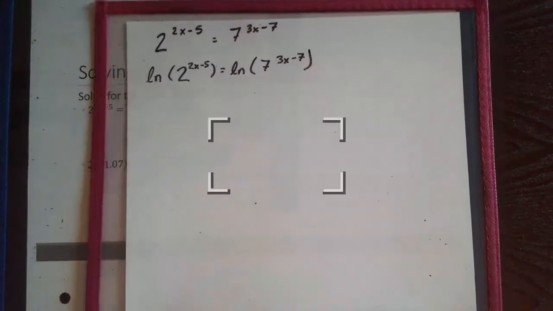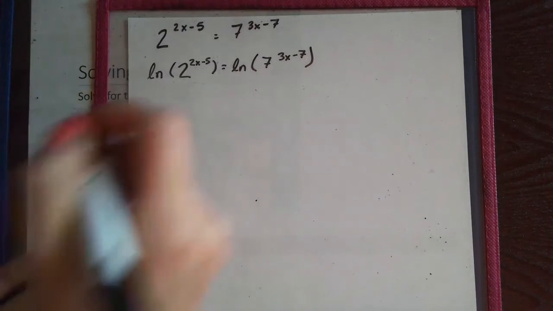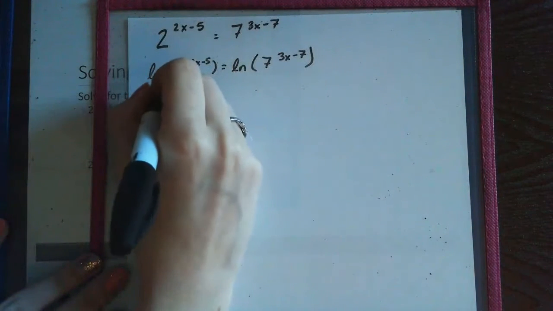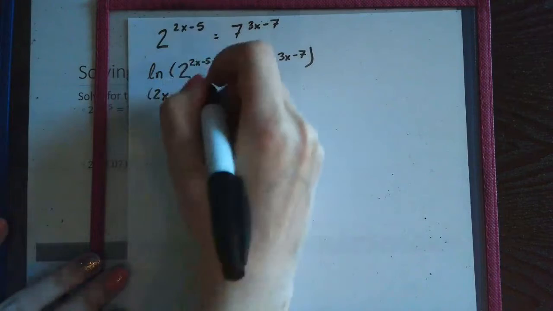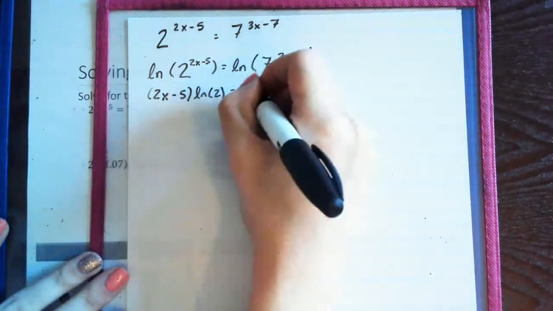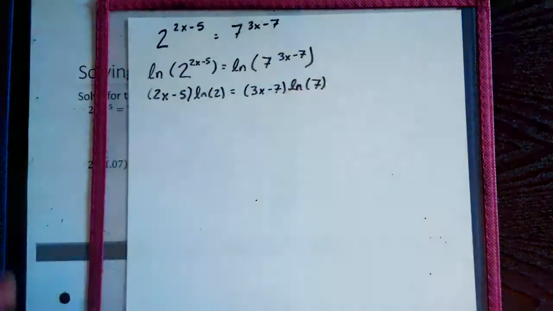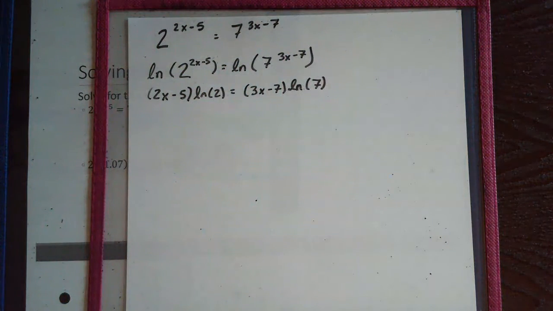Now all of those properties of logarithms that we have are going to come in handy. I'm going to bring my exponents out front so that I have 2x minus 5 times the natural log of 2 is equal to 3x minus 7 times the natural log of 7. Now there's no way to get all the x's on one side right now, so I'm going to distribute.